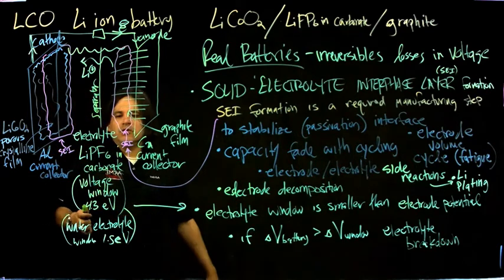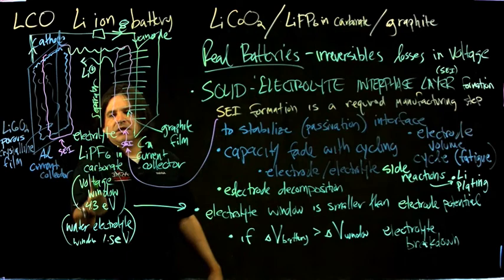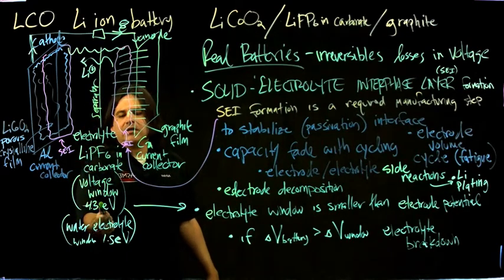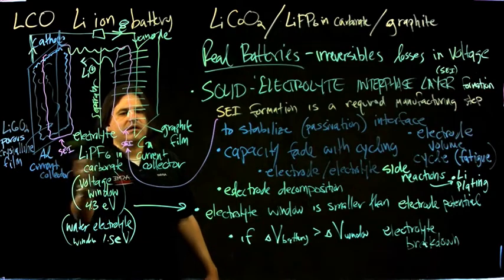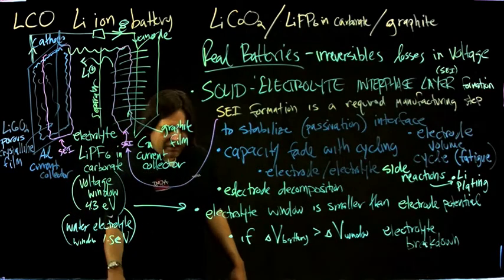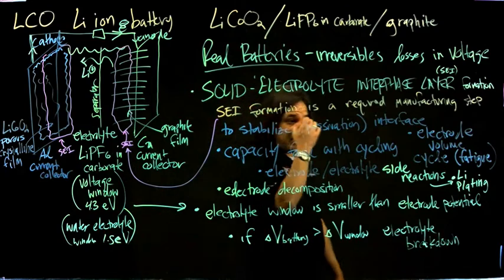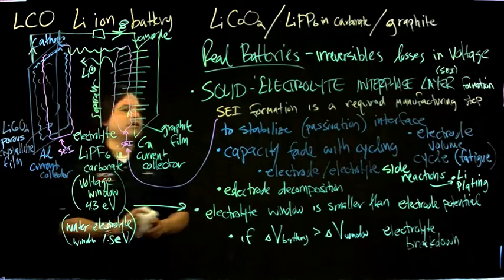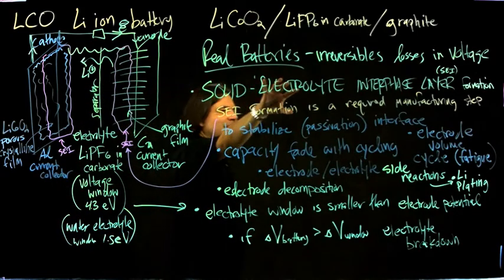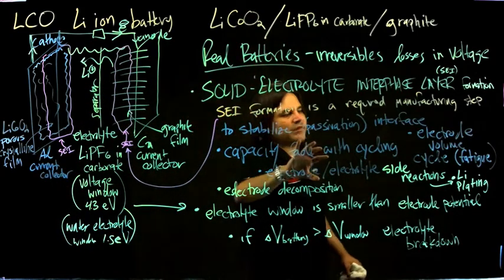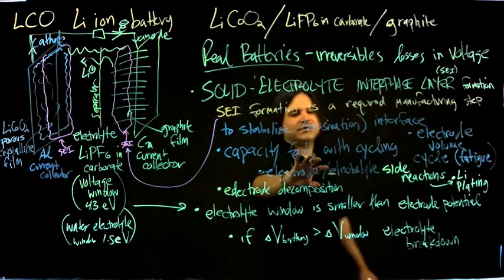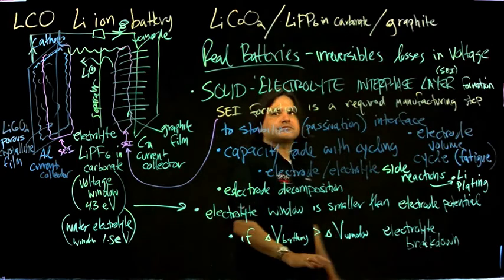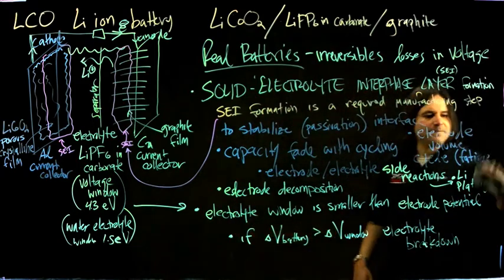And then you pick an electrolyte that can transport these ions back and forth at the highest voltage you can, depending on this combination. So that's the idea behind the design. But then to get this actual device working, you have to form this SEI layer. You have to worry about how this lasts over time. And then you have to prevent side reactions and breakdown. So those are some considerations.